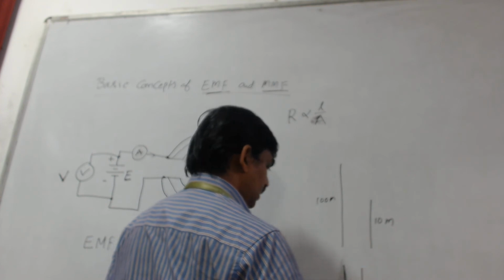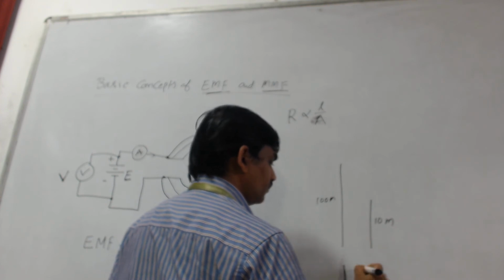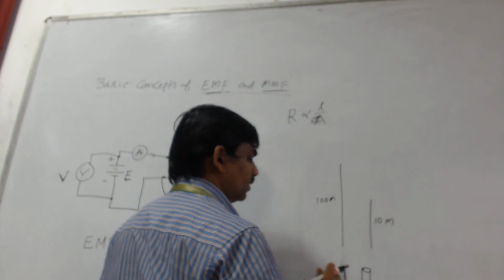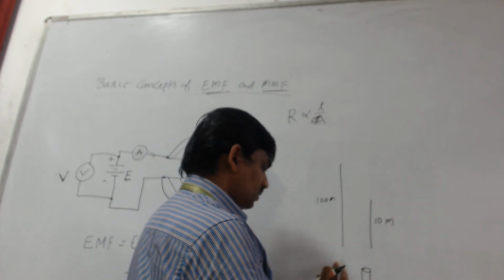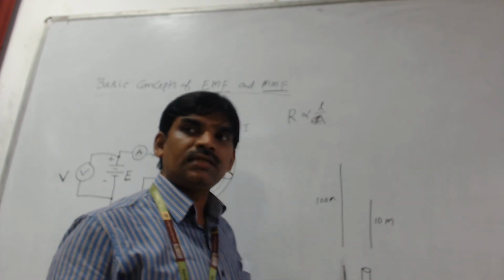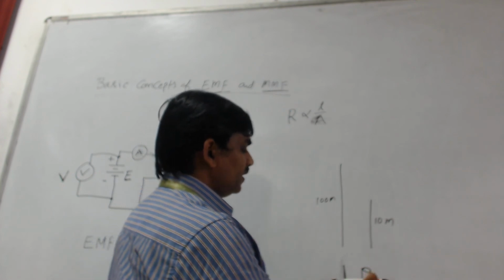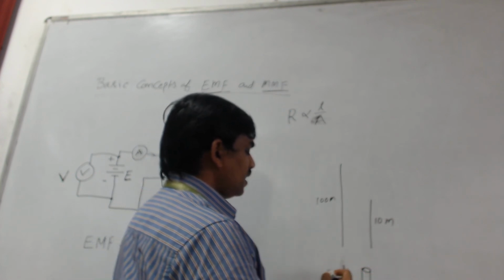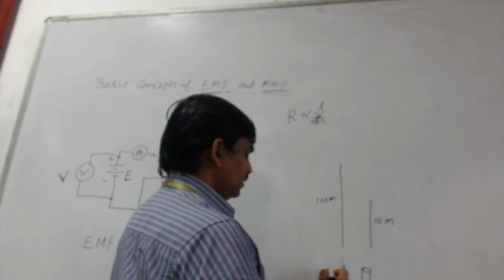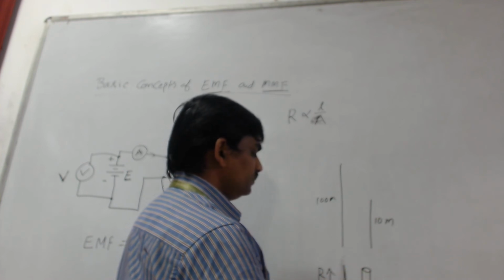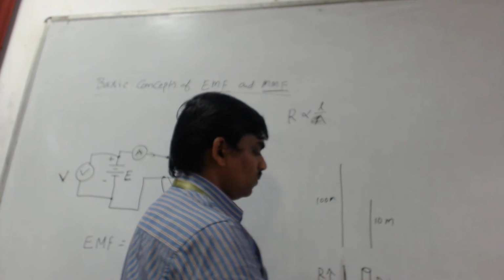I am taking another conductor. This one is small in size and very thin, and this one has a larger cross sectional area. So this resistance is high and this resistance is low.